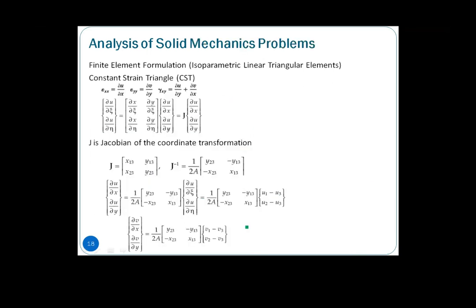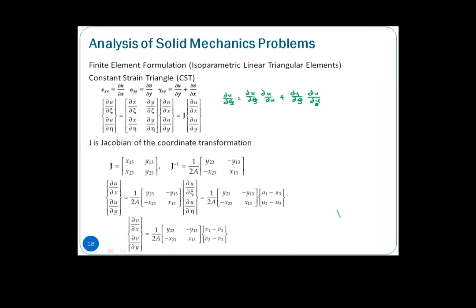Making use of the chain rule as well as the strain and displacement relationship, we have del u del psi, del u del eta, equals, using the chain rule, del u del psi equals del x del psi times del u del x plus del y del psi times del u del y.